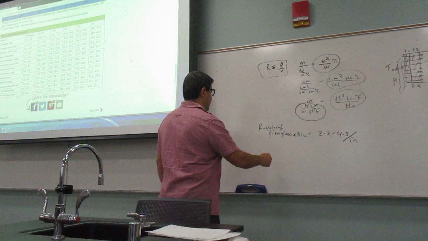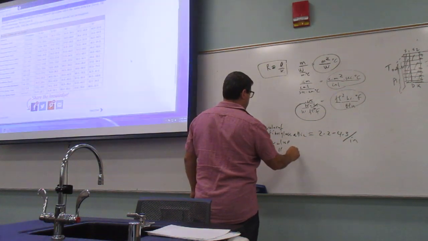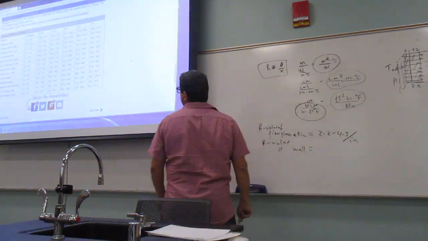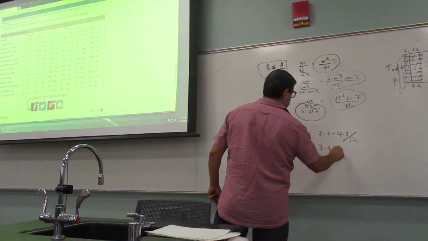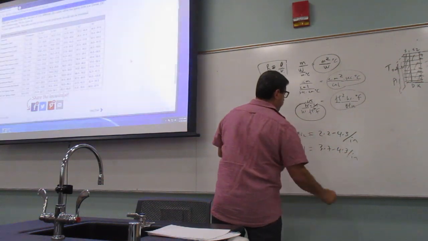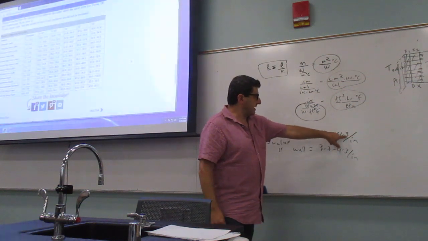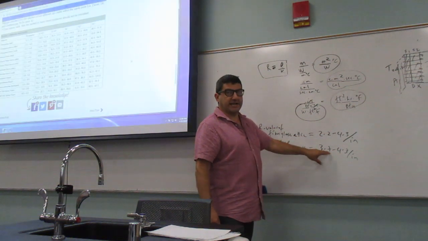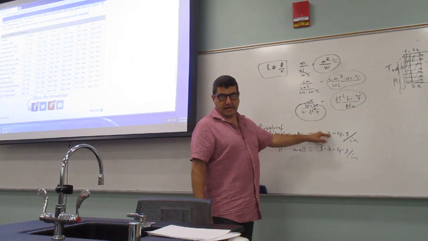And then the R value of fiberglass in the wall would be 3.7 to 4.3 per inch. So that means the attic ones you can install all the way to that value, and then the wall, it has to be at least 3.7. The wall has to be better, right, than the attic one.